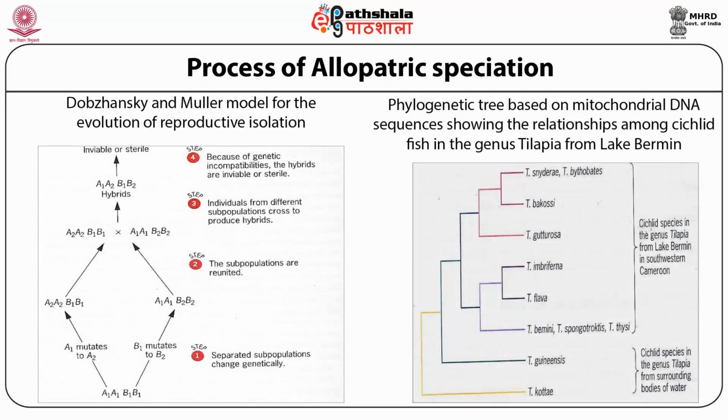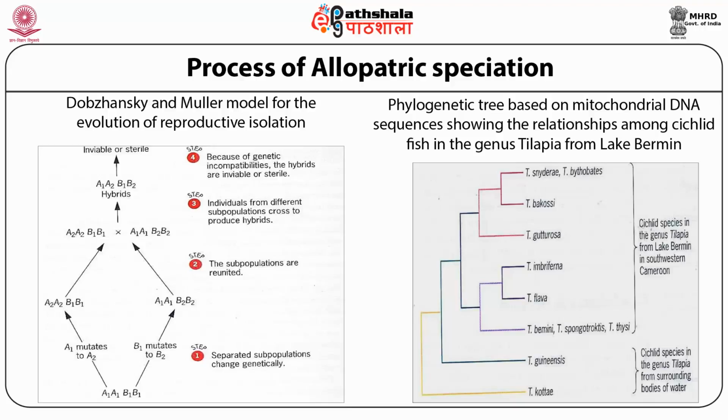Dobzhansky and Muller have given an explanation of the genetic changes. According to them, the viability or the sterility of hybrids is due to incompatibilities between genes that evolved separately in different populations.